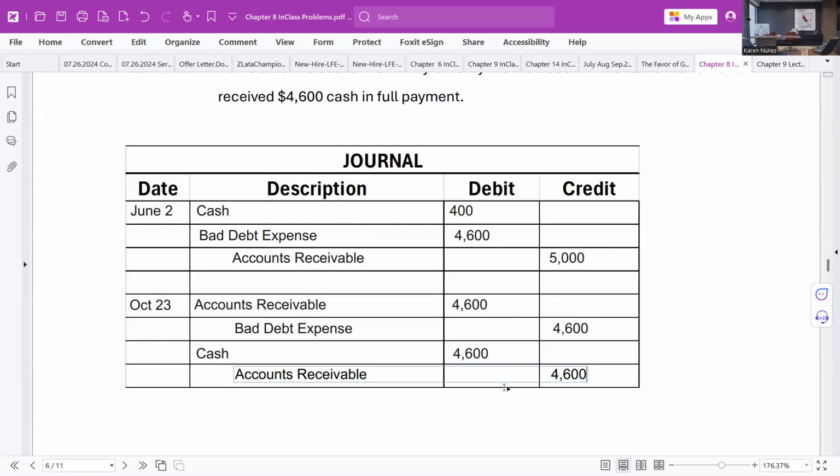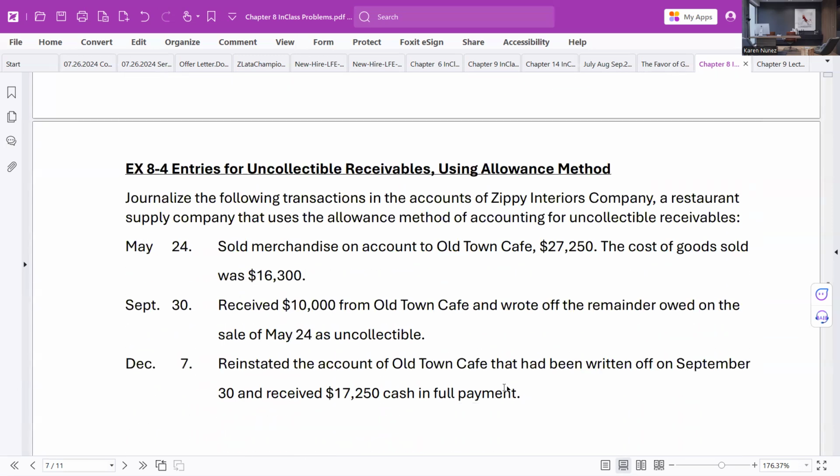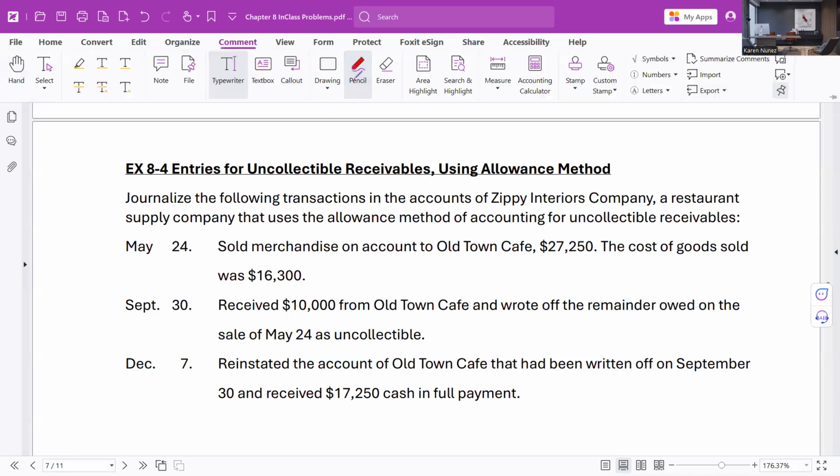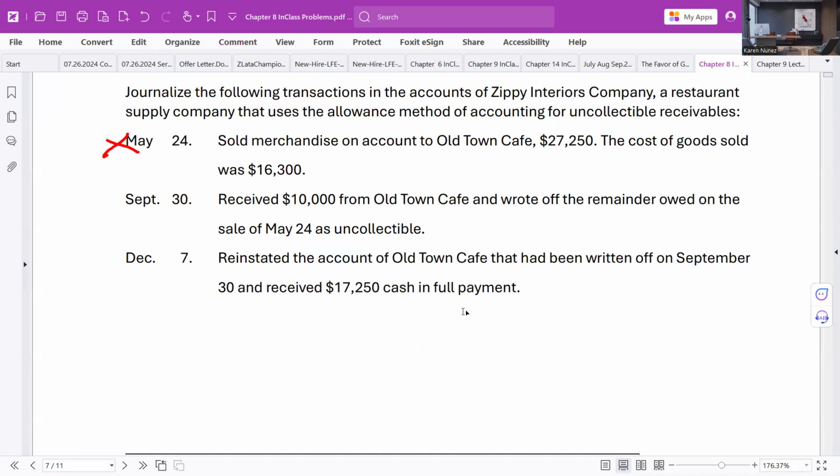Now, on the other hand, when we are using the allowance method, and again, I want us to focus on the receivables transactions. Let's not worry about the sale here. Let's only focus on the receivables transaction. On September 30th, they're only able to collect 10,000 of this $27,250 receivable.